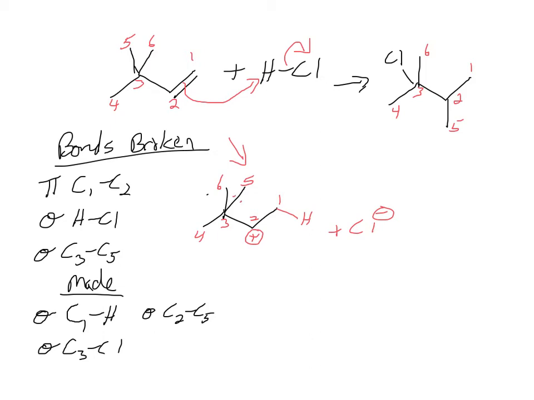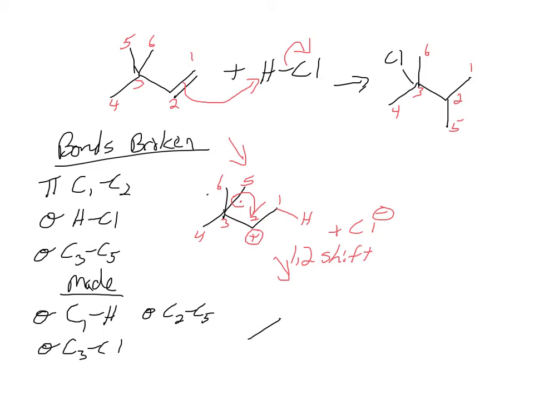I'm going to take these 2 electrons, and that whole carbon is going to jump ship with its 2 electrons. Carbon 5 is going to carbon 2. It's a methyl shift, a 1-2 shift.